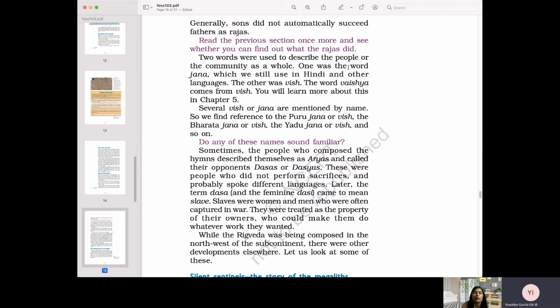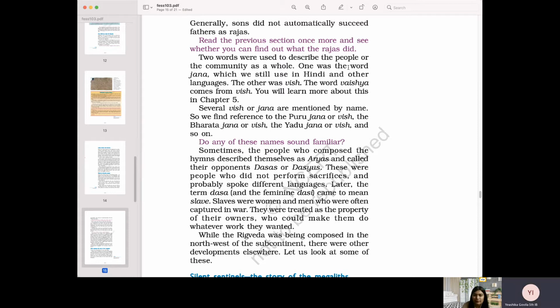Here you can check, it's written already. Puru Jana or Vish, Yadu Jana or Vish, Bharata Jana or Vish. So it stands for Vaishya. Vaishyas were those people who did business. Business class was the Vaishya class at that time.